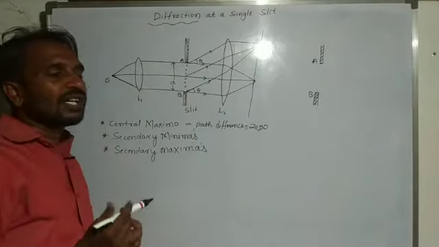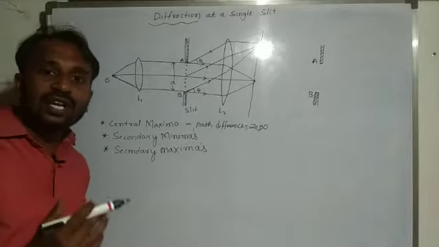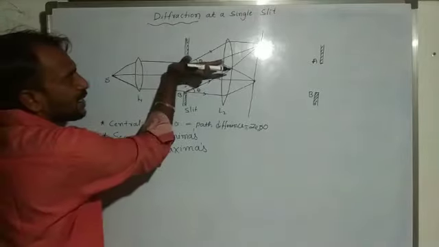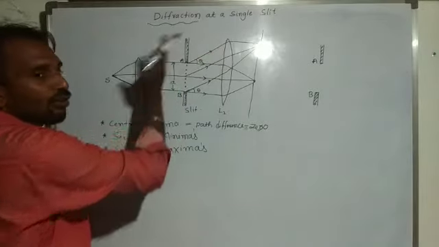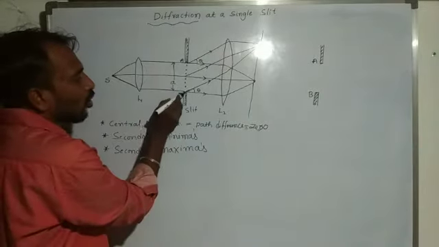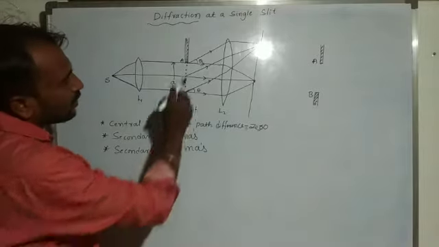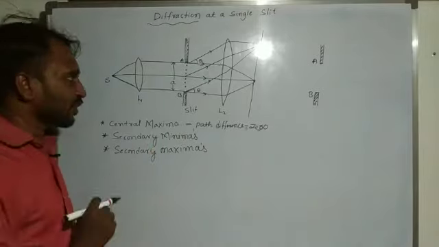Theta is the angle of diffraction. Why? Because the light ray changes its path, the bending of light rays at the corners of an obstacle. That is diffraction. So theta is the angle of diffraction.